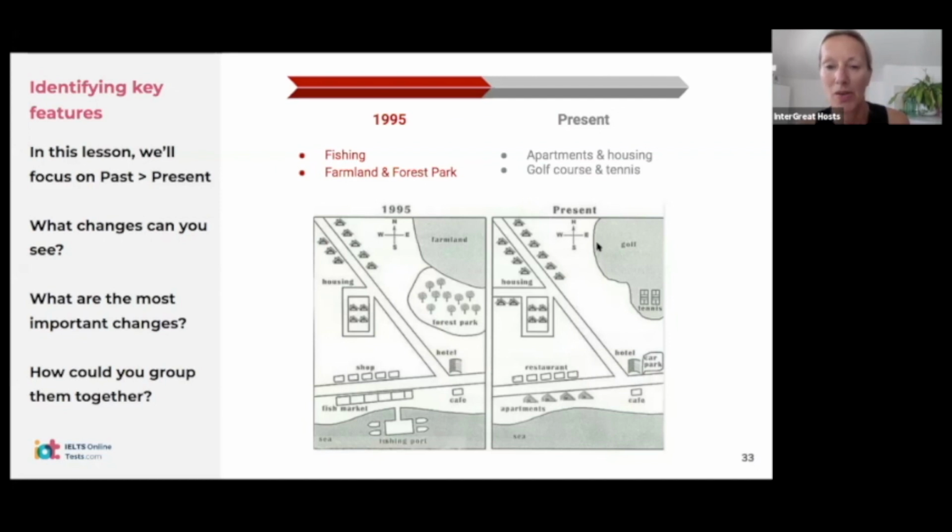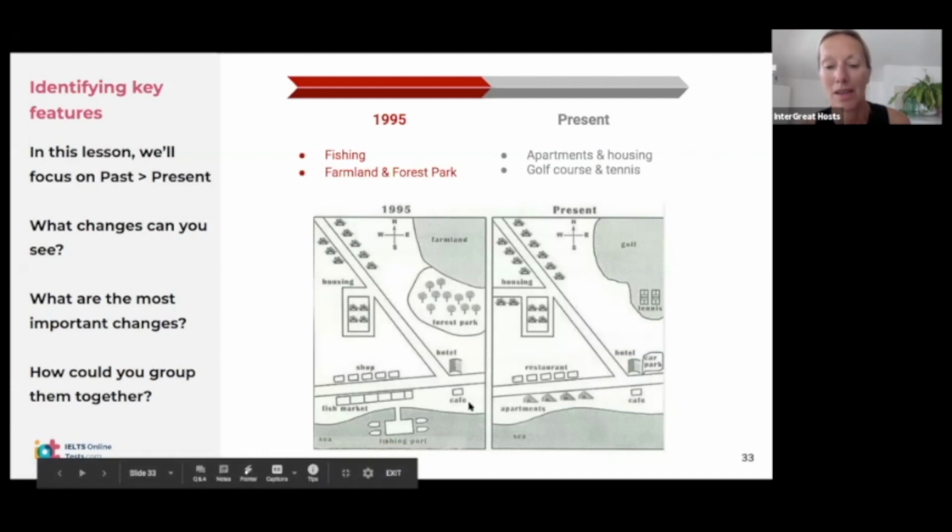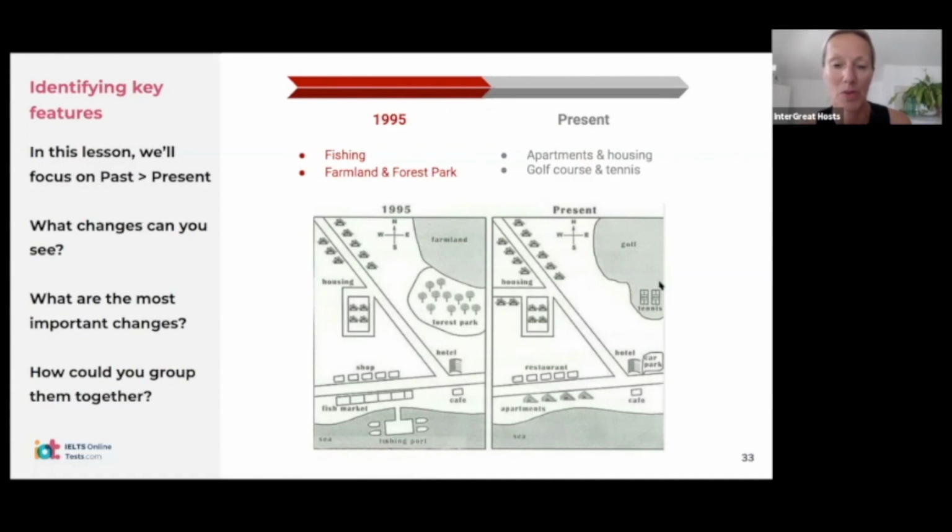And there's also golf course and tennis instead of the farmland and the forest park. Okay, so as you can see, that kind of corresponds. So the fishing port has gone. It's replaced now by apartments and housing. Farmland and Forest Park has gone and it's been replaced by golf course and tennis.